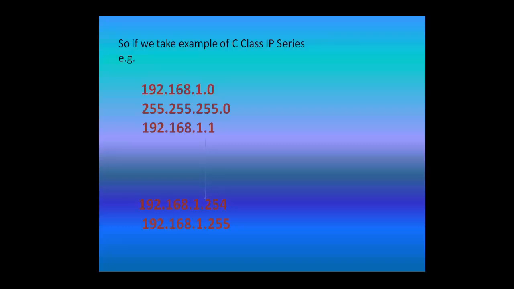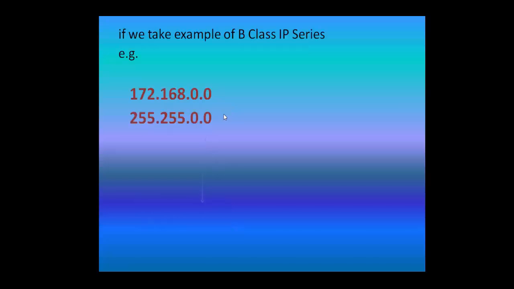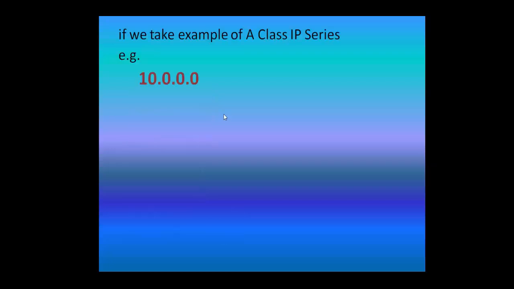Here only 1 octet means 8-bit. Default subnet mask is 255.255.255.0 for C class, and for B class default subnet mask is 255.255.0.0, and for A class 255.0.0.0, means 3 octets, 24 bits are available for the host.